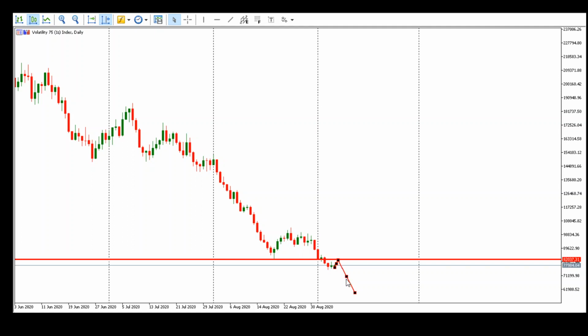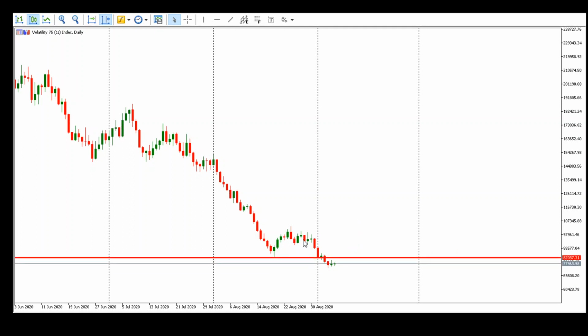So that's why you need to wait for the market to go back to retest that level, so a broken level, always wait for a market to test it.